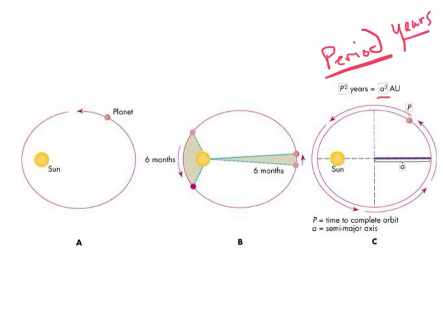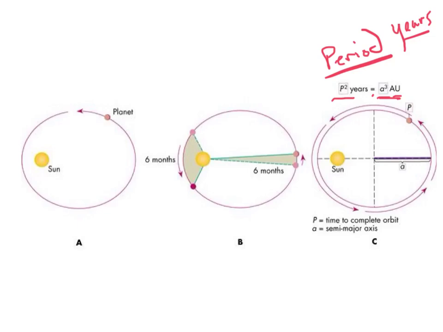This is the average of my distance from the sun. It's my semi-major axis, and that's in something called AUs. That's the average distance the planet is from the sun. If I square this value and cube that value, they are equal to each other.